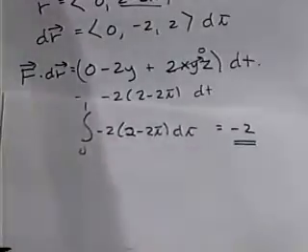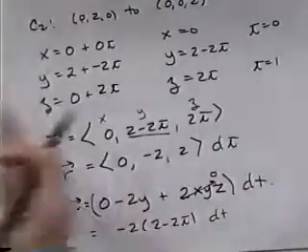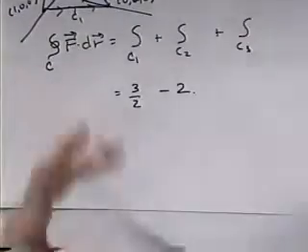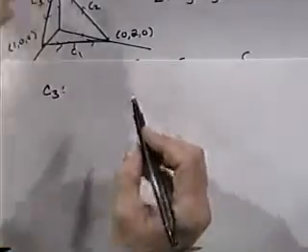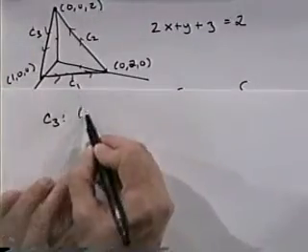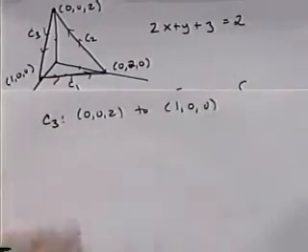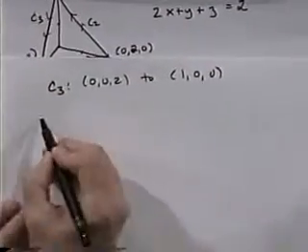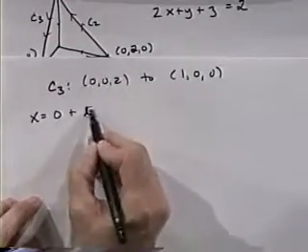Now we have to do the third one. So the third curve, which can be quite tedious. That's why I can't give you too many of these on your test. C3, you're going from 0, 0, 2 to 1, 0, 1. So what are my parametric representations? X is going to be 0 plus 1 minus 0 times t.